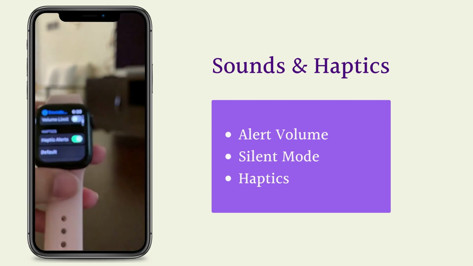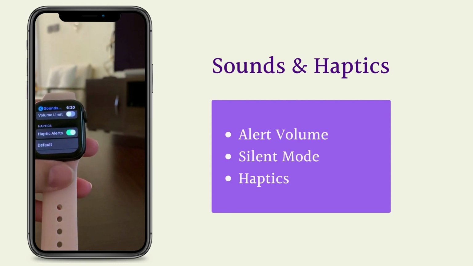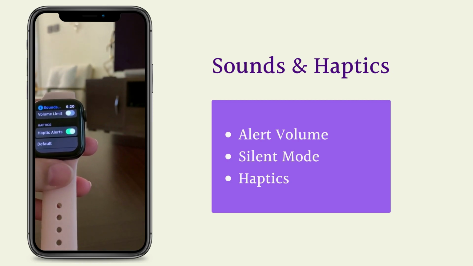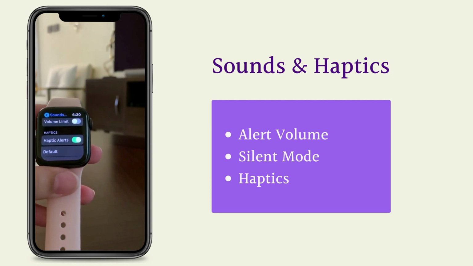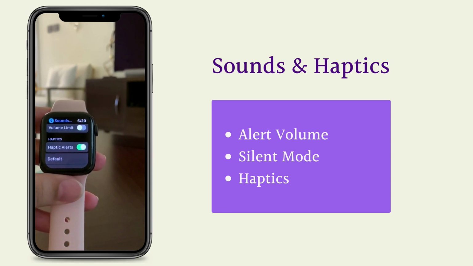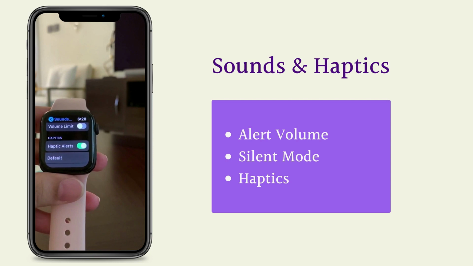And now if you go down, here I have done something. You can turn on the haptic, and I have turned on the haptics. You can also turn it off. Haptics is something when the system inside taps on your wrist, which is actually a buzz-like thing.